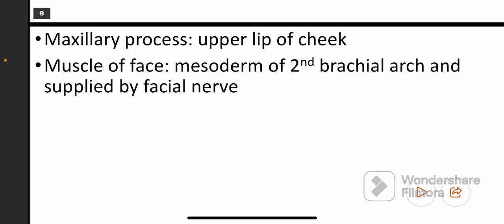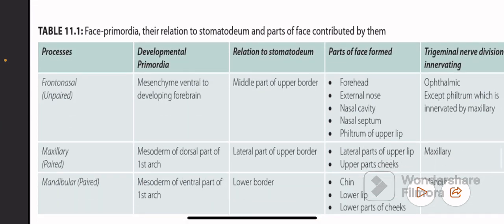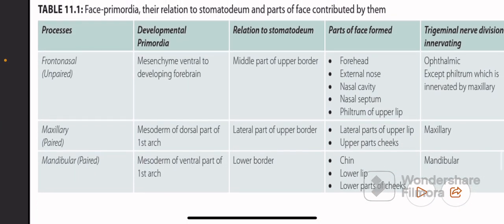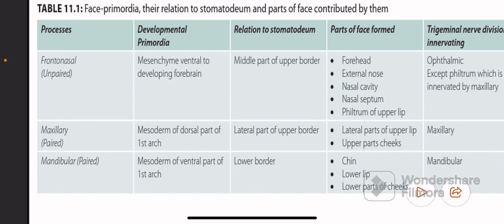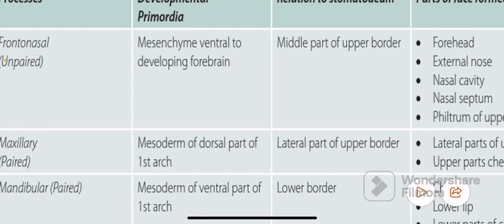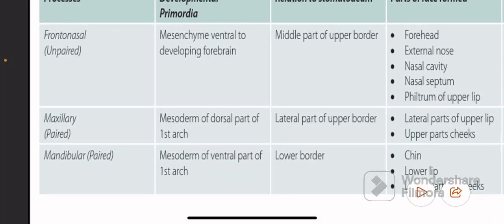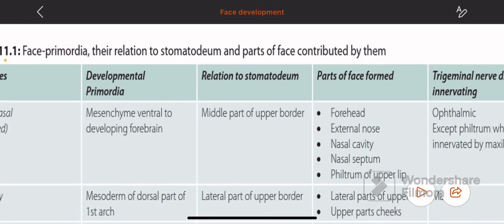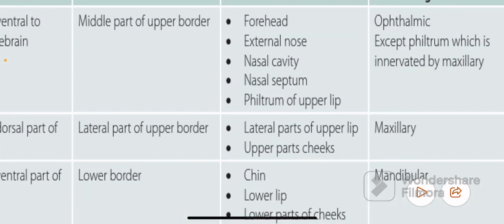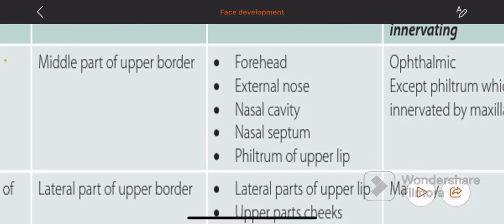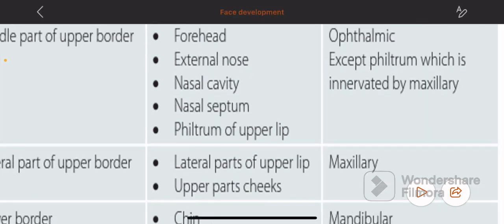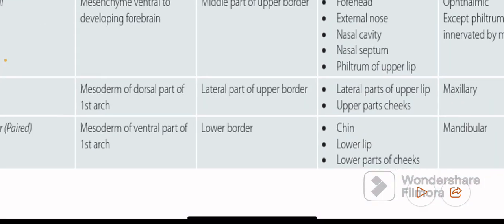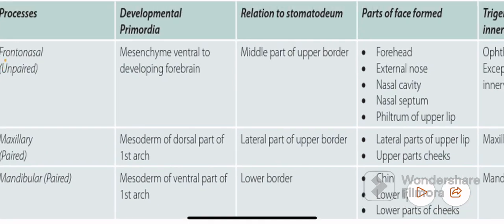Now, in tabular form, there is a short summary showing the development of the other parts. Here, first the frontonasal process, which is formed from the mesenchyme ventral to the developing forebrain, forms the forehead, external nose, nasal cavity, nasal septum, and philtrum of the upper lip, which is related to the middle part of the stomatodeum. Then the maxillary process, which is developed from the mesoderm of the dorsal part of the first arch, forms the lateral part of the upper lip and upper parts of the cheeks.